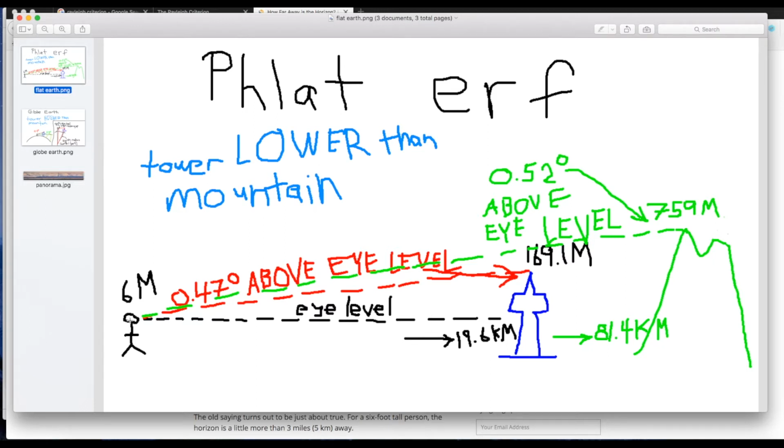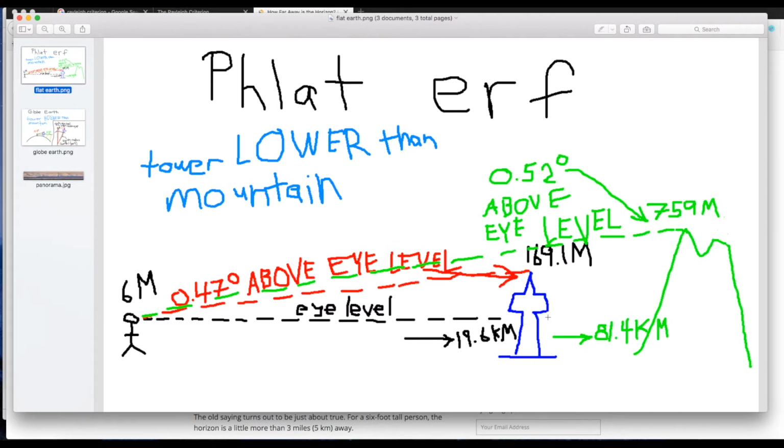If the photographer is 6 meters above mean sea level, and again I did a bit of research, and according to Google Earth, the top of this tower is 169.1 meters above mean sea level, then the amount of tower above your horizontal eye level would be the difference of 169.1 minus 6, or 163.1 meters.